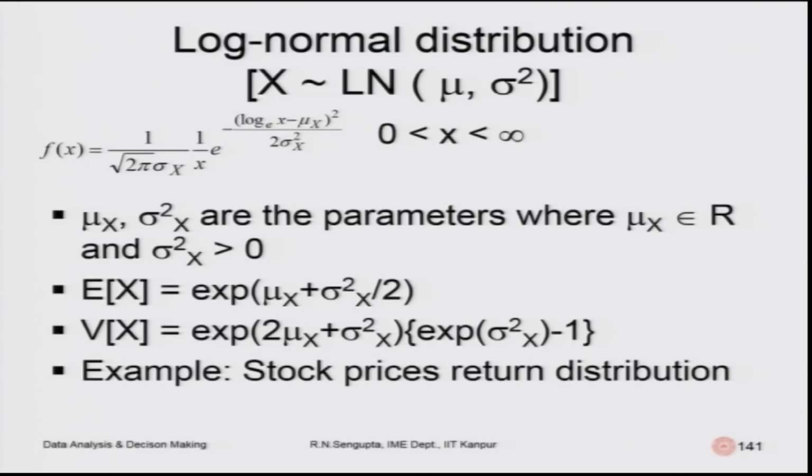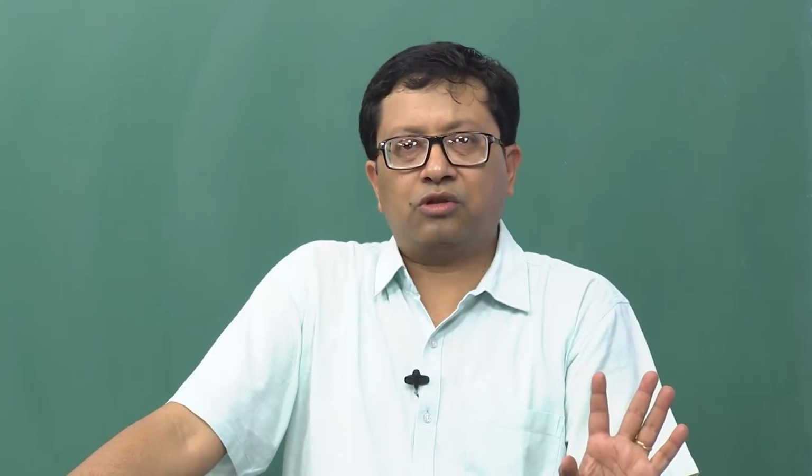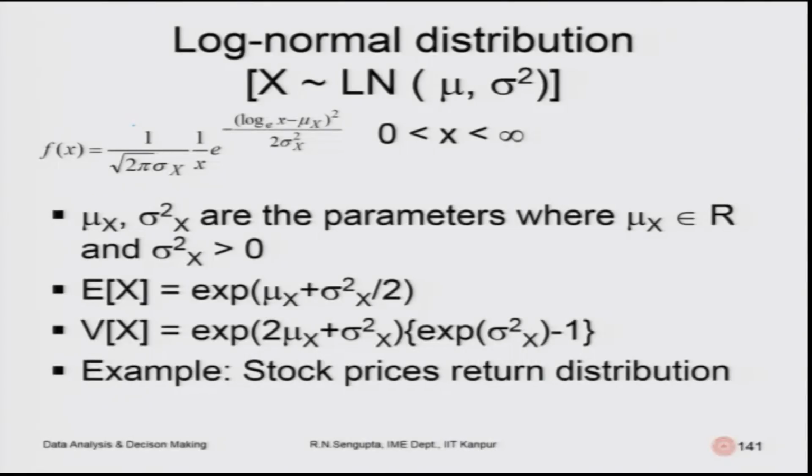In the log normal distribution, look at the PDF, it would be almost equal to the normal distribution. The first part I will use the color black. This part is the same, and obviously you would have 1 by x and e to the power mu. In the case of the normal distribution, you had mu minus sigma square.